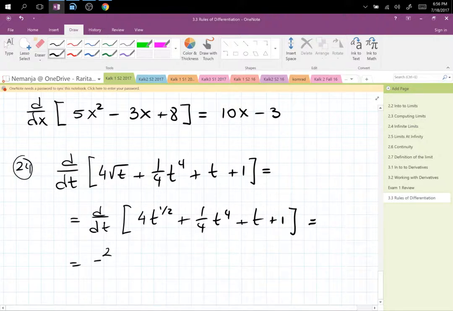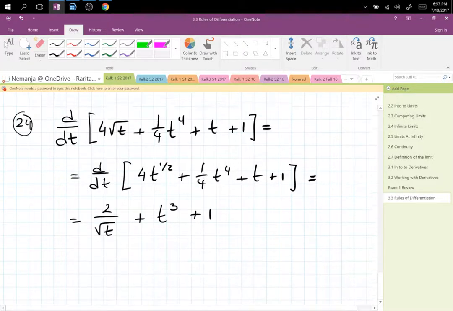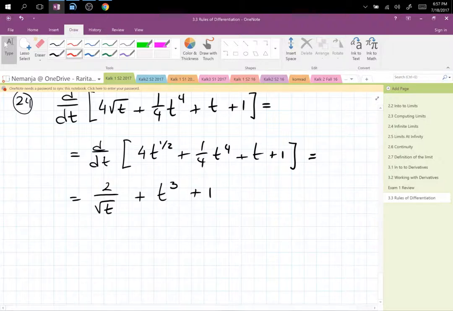So it's 2 over root t. And then what happens to the next one? t to the third, good, because 4 will cancel a quarter. And then what happens next? And plus next one? 0. Good. There we go. Now maybe if you practice this enough, you will get there sooner than later.